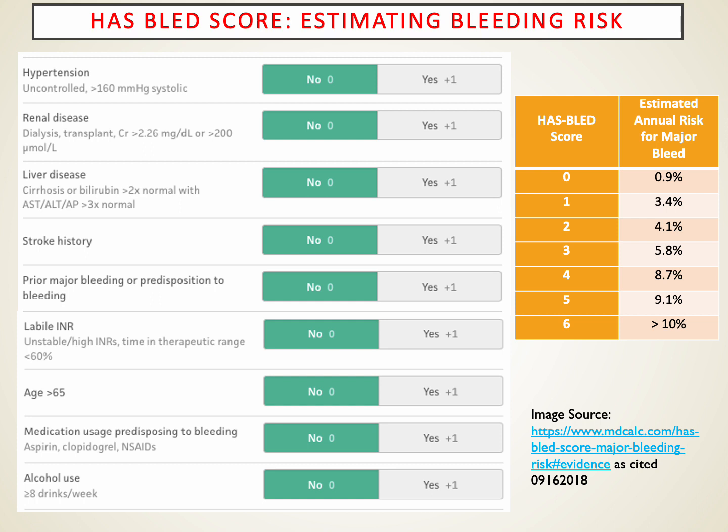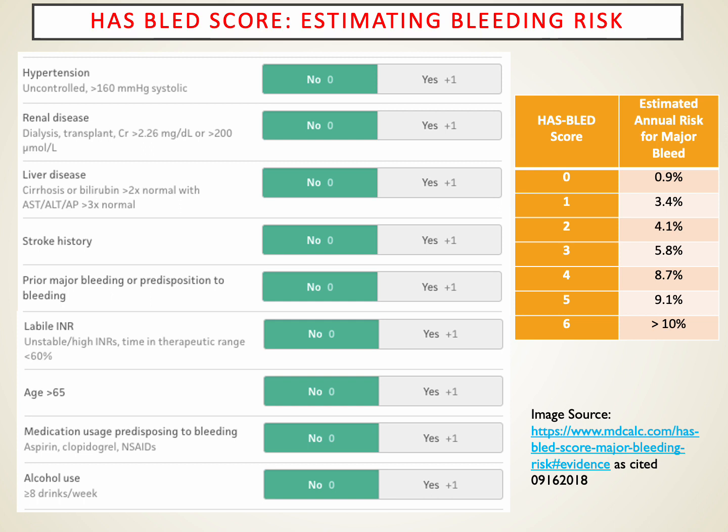And then it's an estimate, but for every point they accumulate, the risk for a major bleed in the next year, GI, cerebrovascular, or some other major bleed, goes up. And so that helps inform our decision making about whether or not this patient is a good candidate for anticoagulation.